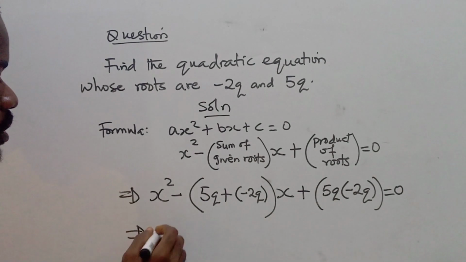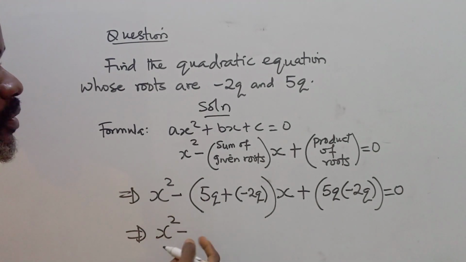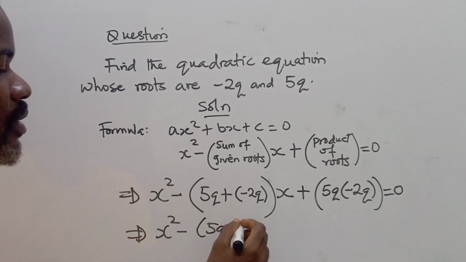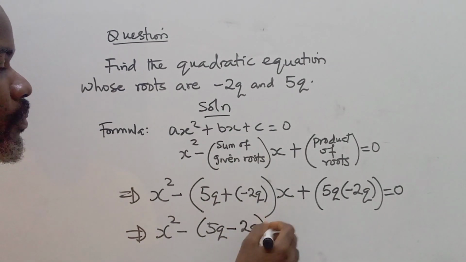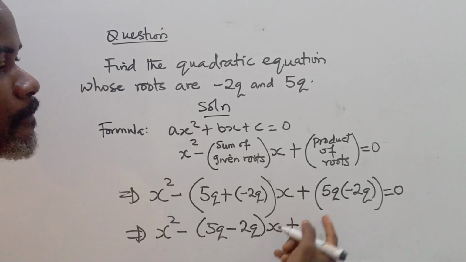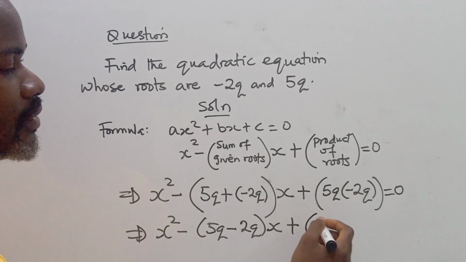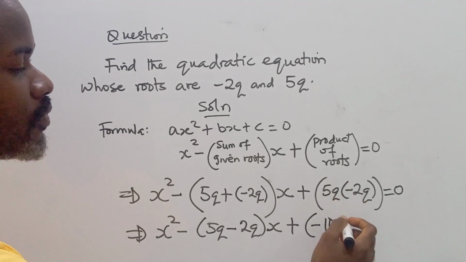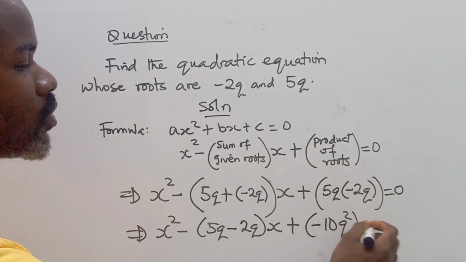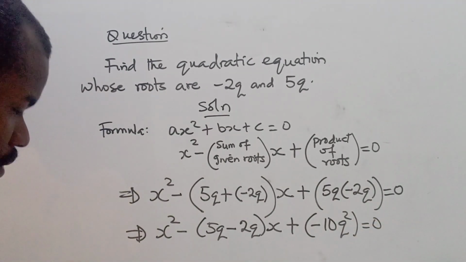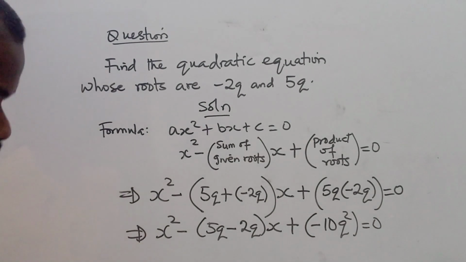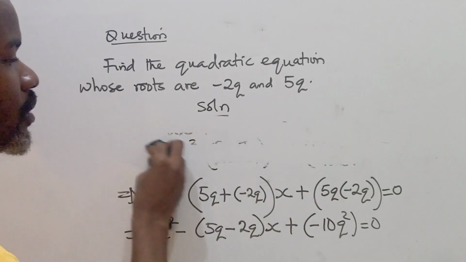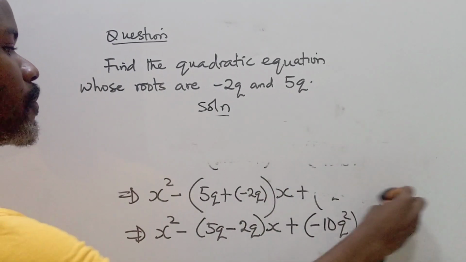So this will give us x squared minus, 5q plus minus 2q, times x, plus 5 times 2 is 10, but we have a minus, so minus 10, and q times q gives q squared, equals 0.